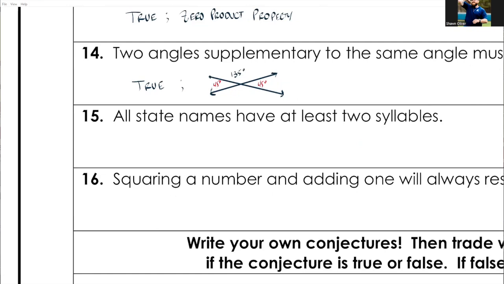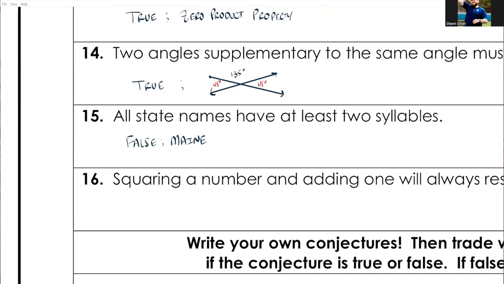All state names have at least 2 syllables. No. What do you mean no? Listen. Georgia has 2. Maine. And Florida. Alaska. Alaska has at least 2.